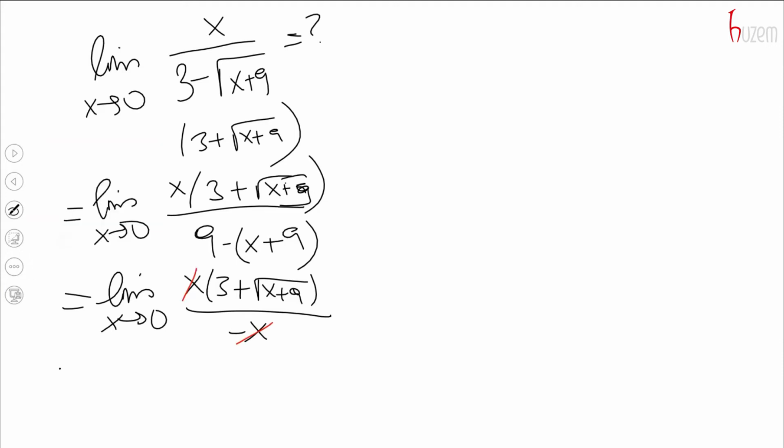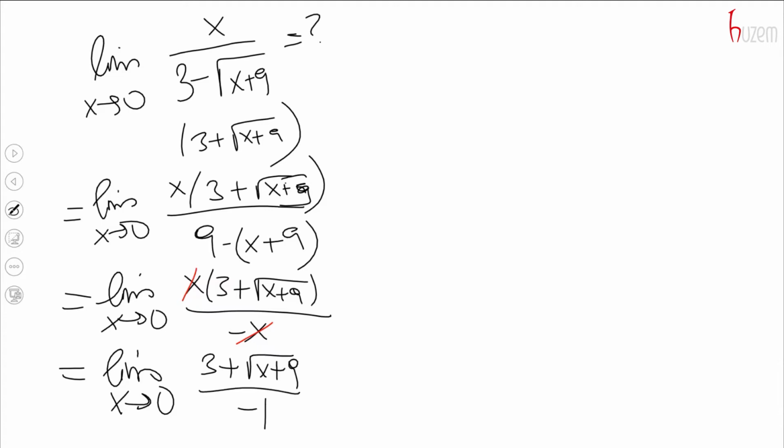Doing so will eliminate all the difficulties with this problem. So we will get (3 plus root x plus 9) divided by negative 1. Now we can substitute x equals 0 in the expression. Once we do that, we will see it is basically negative 6.